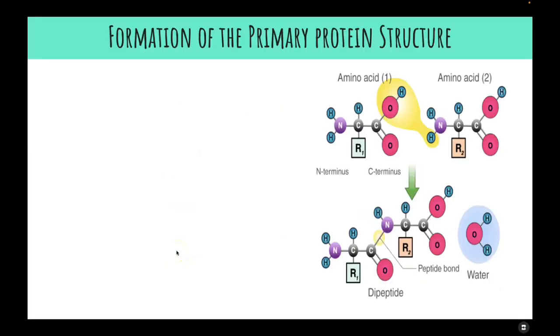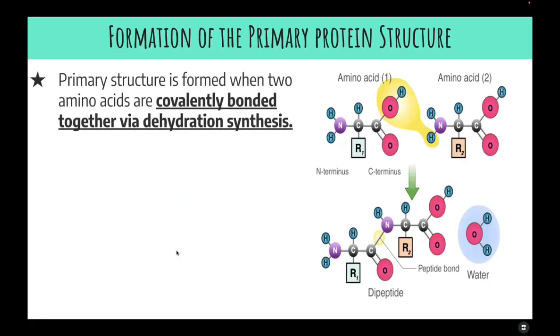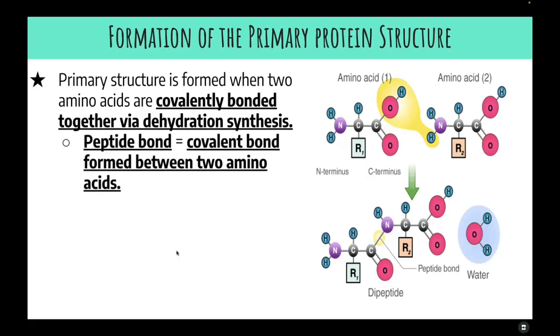Again, remember that the formation of a primary protein structure occurs through dehydration synthesis, as we went over in those little animations. And you need help from a ribosomal enzyme. The peptide bond specifically forms between the carboxyl group of one amino acid and the amino group of the next. The peptide bond is covalent, and it's formed between the two amino acids, as we had seen in the other picture.